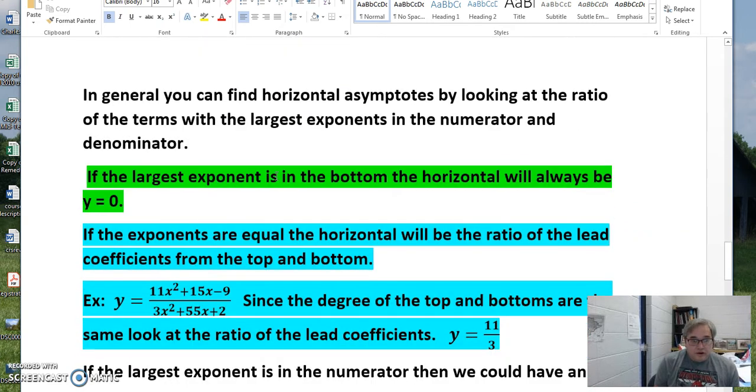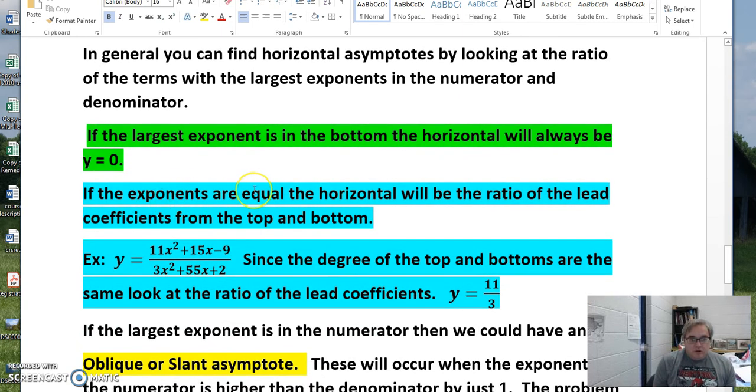So I have some rules here. In general, you can find horizontal asymptotes by looking at the ratio of terms with the largest exponents in the numerator and denominator. If they get ugly, like this one, you can just look at them and see, oh, I have a horizontal asymptote at, and we'll talk about it. If the largest exponent is in the bottom, the horizontal asymptote will always be y equals 0, every time.